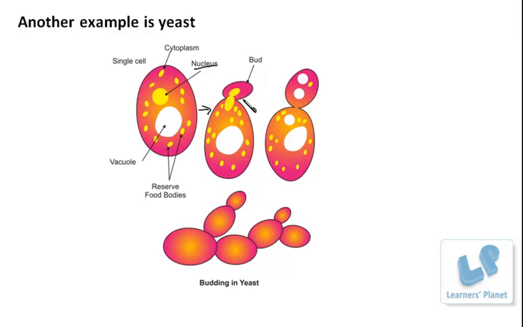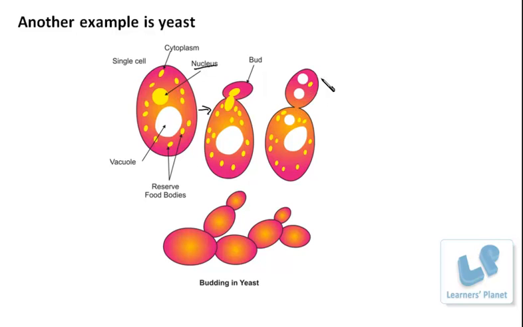The next step, nuclear division has started. The bud has been produced, and of the two daughter nuclei produced here, a single nucleus tends to move into the small bud, and the other will remain within the mother's body. Right. So here further this daughter cell is present, and it has a single nucleus.